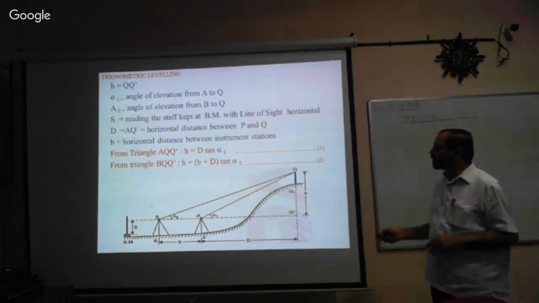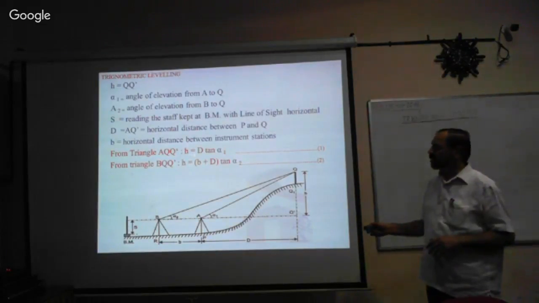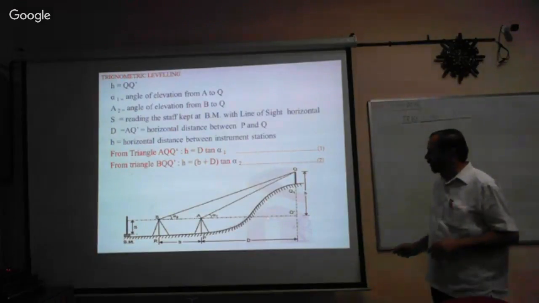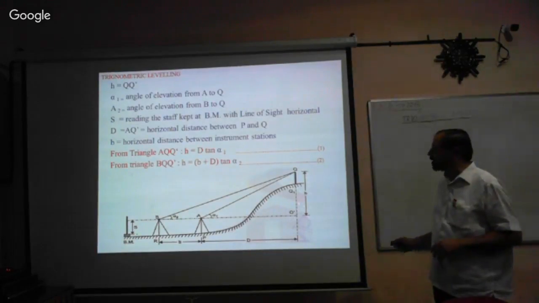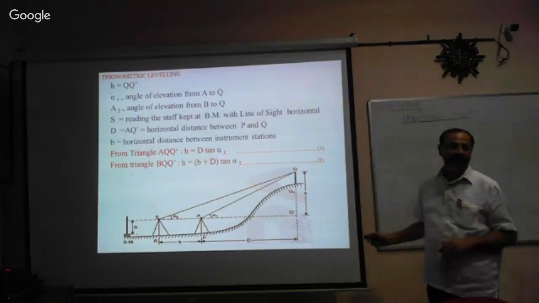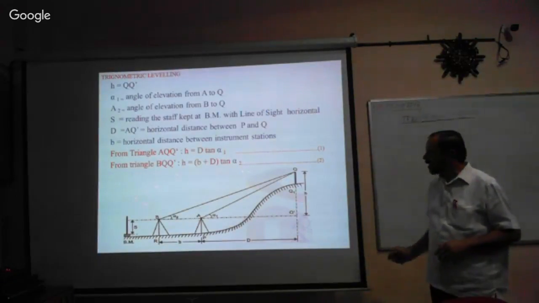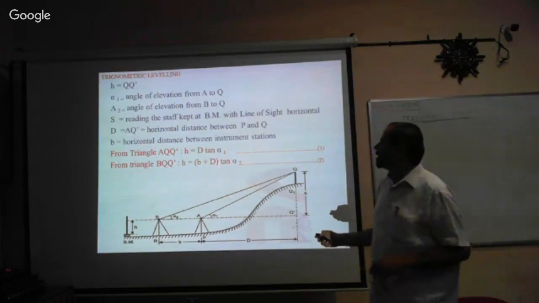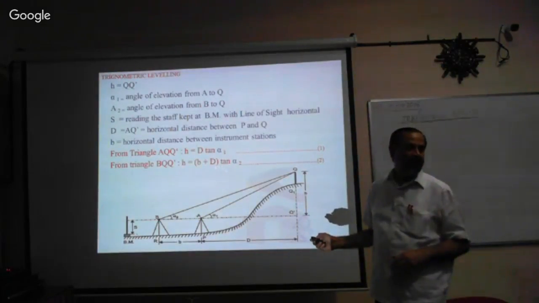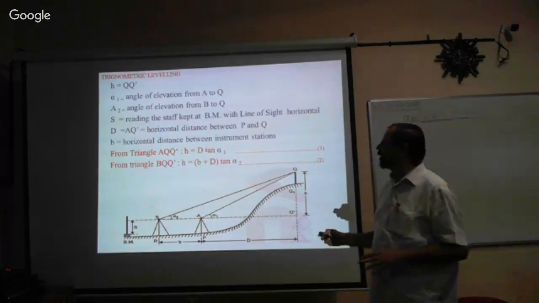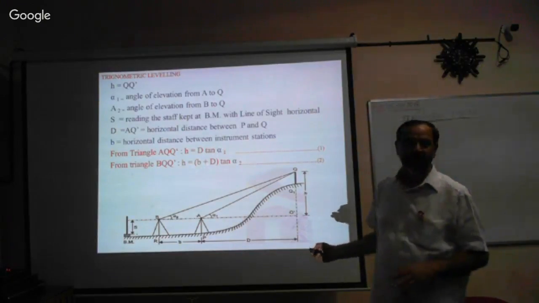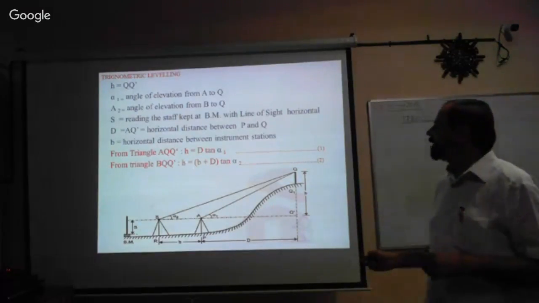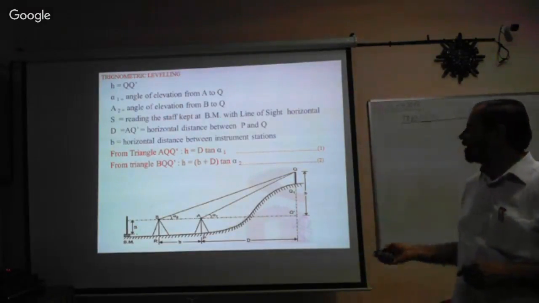Whatever we have discussed here, H is equal to D tan alpha 1 if you consider this triangle, and if you consider the other triangle, H is equal to B plus D tan alpha 2. But H is the same in both the cases, so both are equal. Now let us see what is going to come.